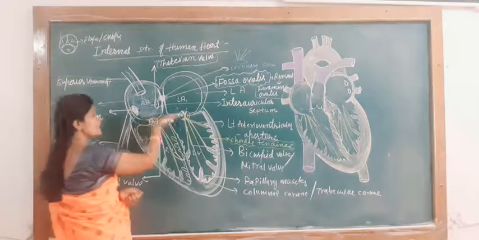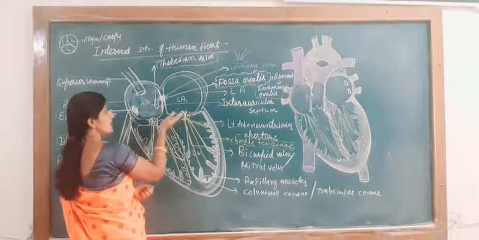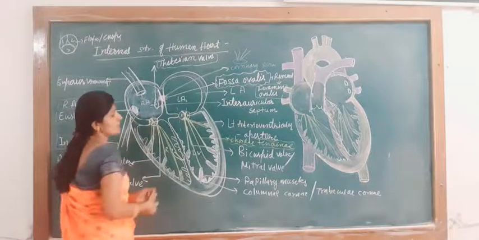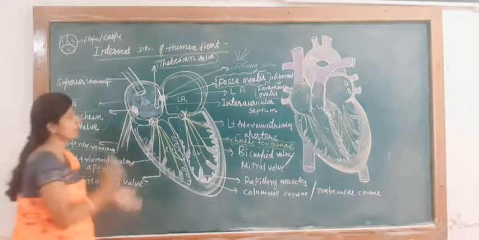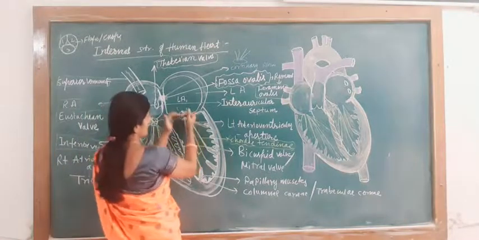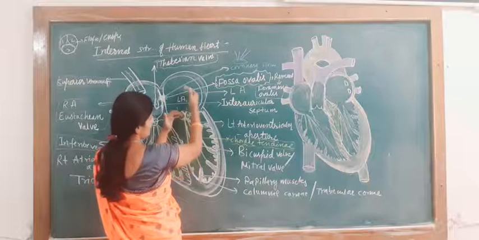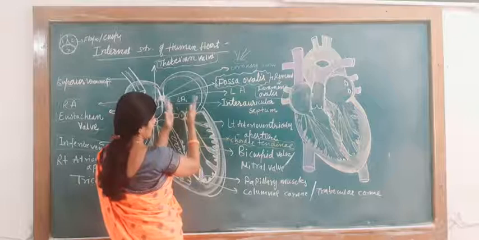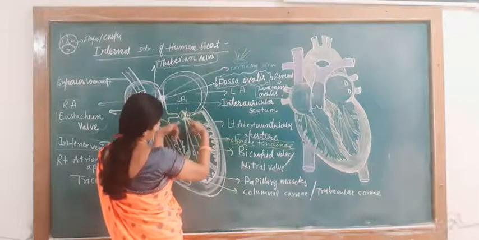But these flaps cannot turn this side; they can turn only this side. Suppose this flap, like the bicuspid, and blood is coming from the upper side, then this flap cannot turn this side.